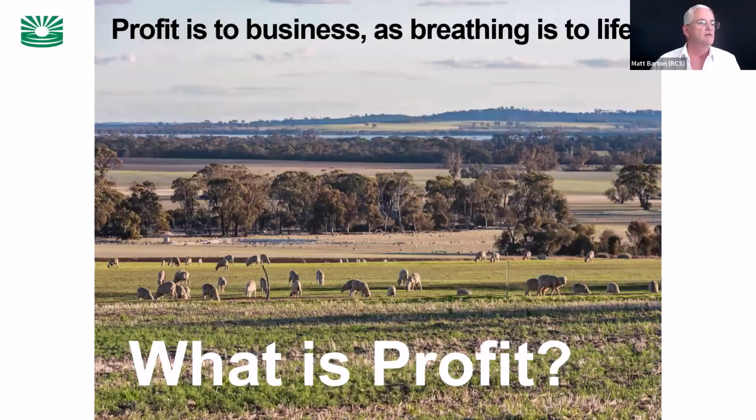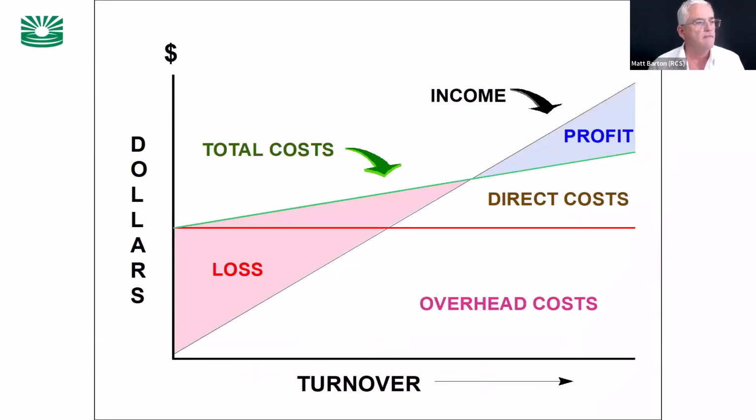We're looking at the model. We want to increase profit, increase gross margin, reduce our overheads, and increase our turnover.